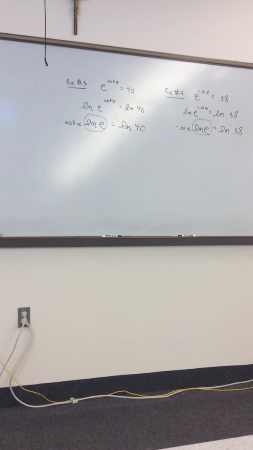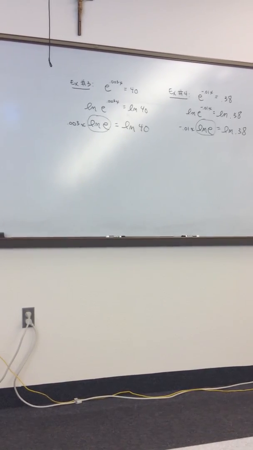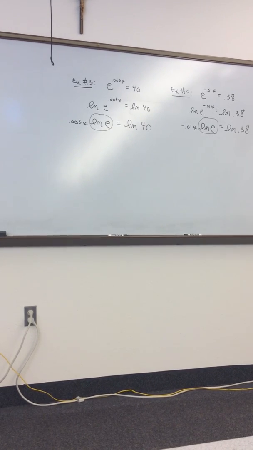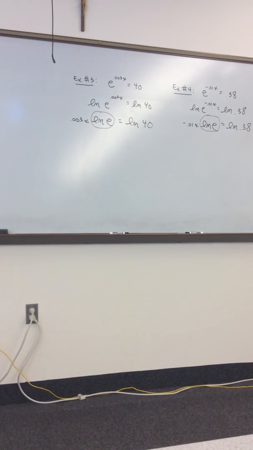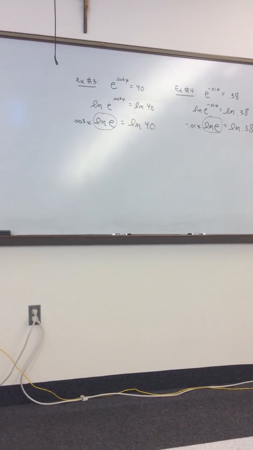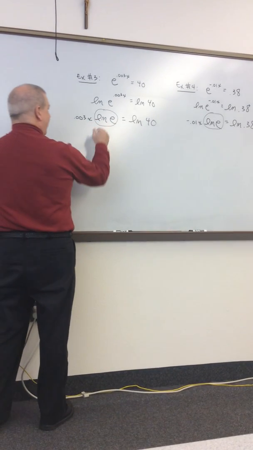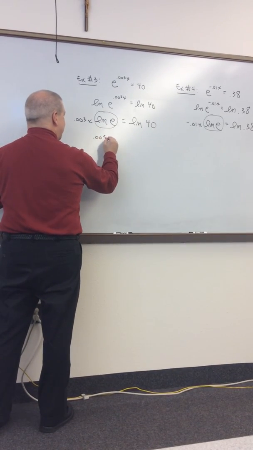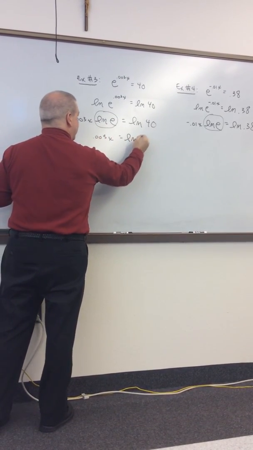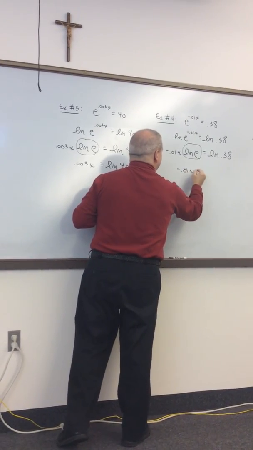What's the natural log of e? You know what the base is. You're not going to see it written. Right? Chris? 1. Just like this. Log of 10, base 10 was 1. Natural log of e. Do you understand? Those are just 1s. So if that's a 1, this is just this.